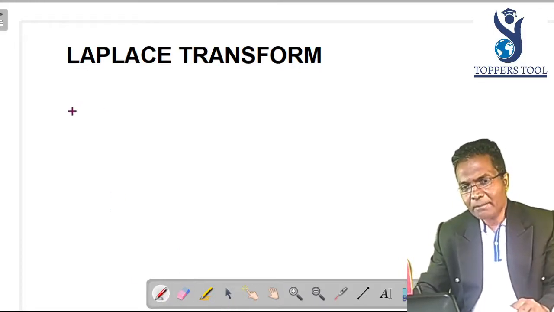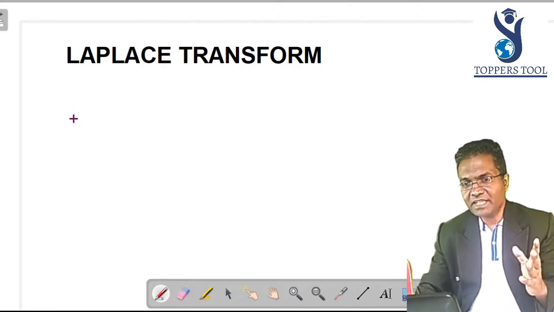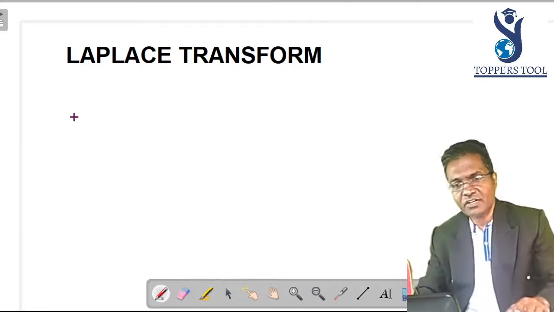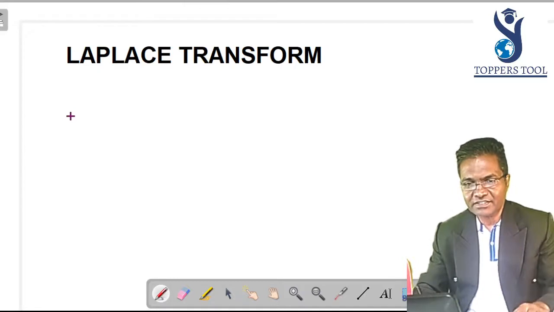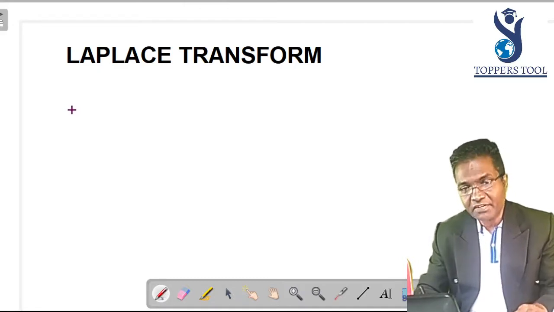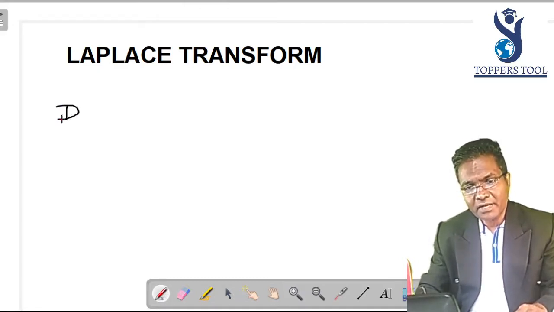Laplace transform, as I said, converts a function of t into a function of some other parameter s. The basic definition of Laplace transform, better you note down.